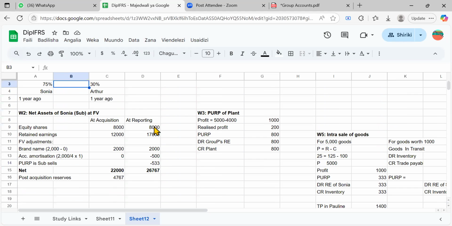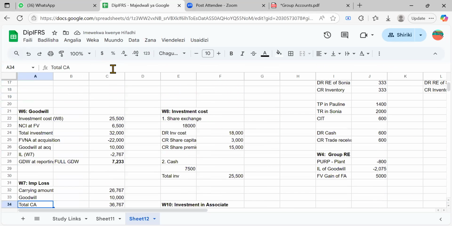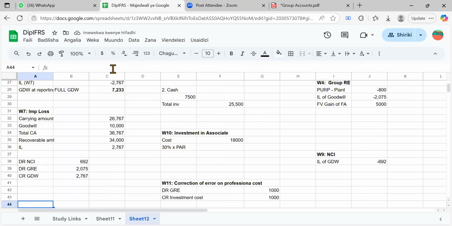We get at acquisition and at reporting, we get the difference, which we call post-acquisition reserves, PAR. But now we are dealing with that of an associate, not the subsidiary. So in our case, we say 30% of what transpired from acquisition to reporting, which is 10,000. That was the profit. So you get your 3,000.